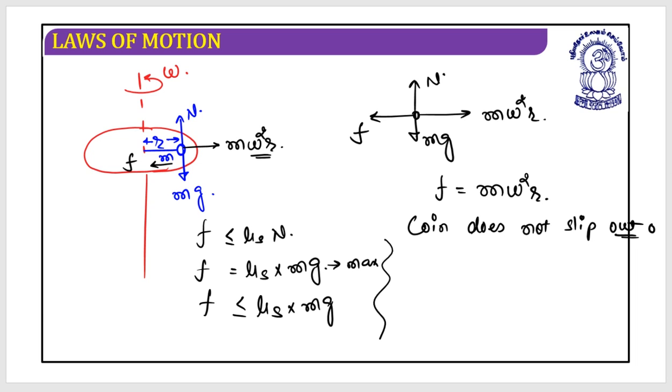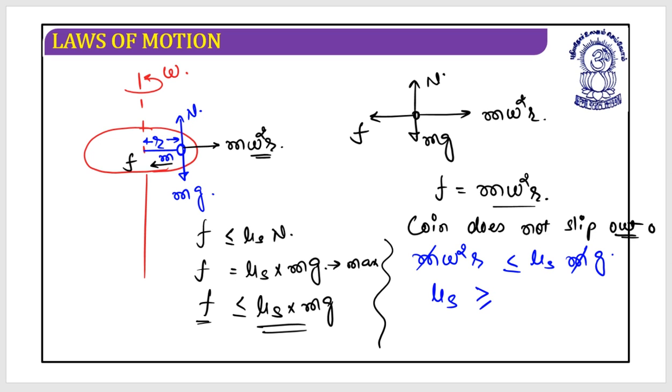Now let's replace the value of friction, which should be m omega square r. So if I can manage to have m omega square r less than or equal to mu s into mg, or this m has gone, and mu s should be greater than or equal to omega square into r divided by g.